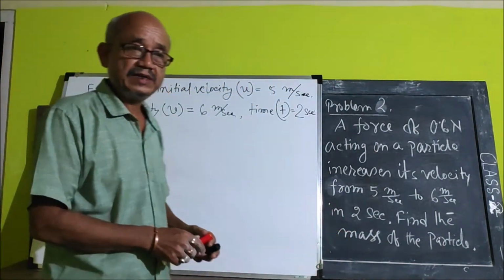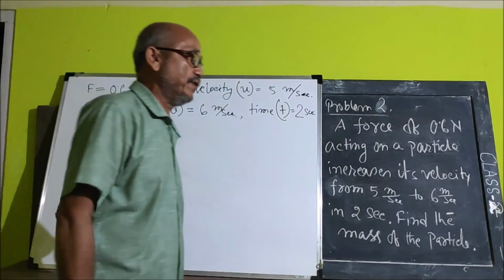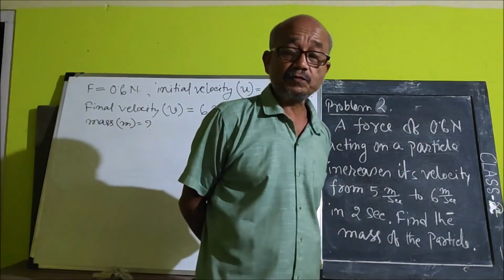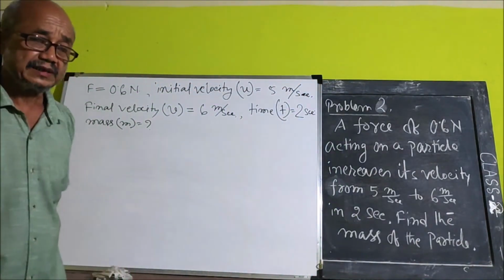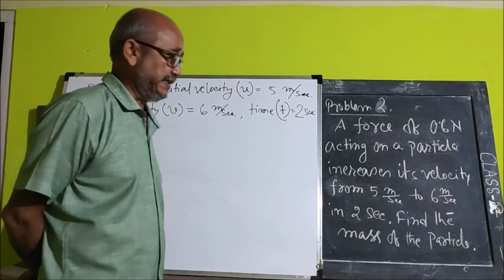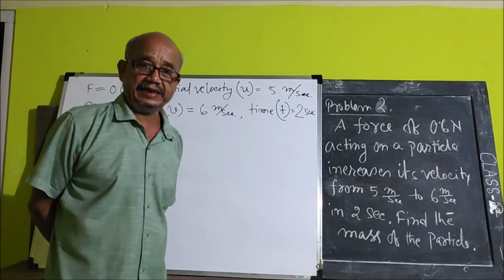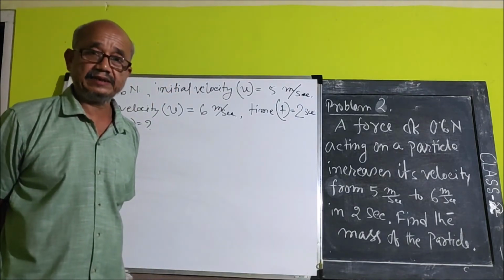There are two types of force: the Newton and the dyne. If you know what Newton and dyne are, then you can easily apply it, or you can do the problems dimensionally.